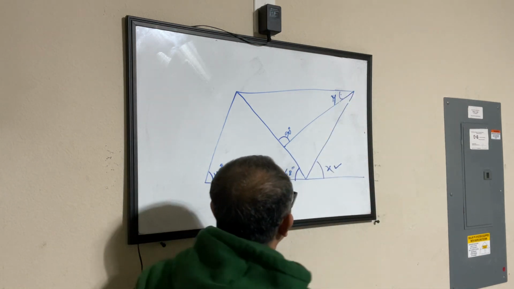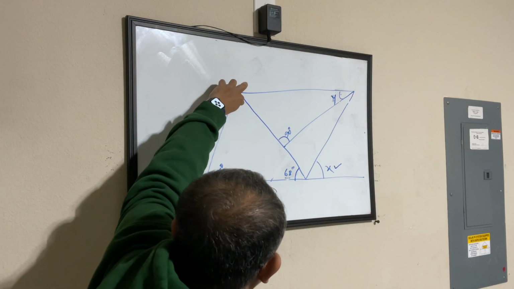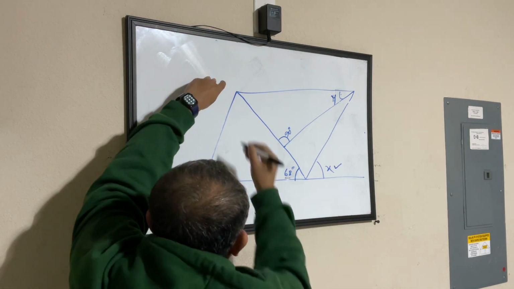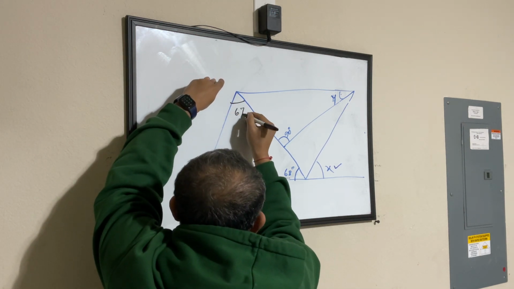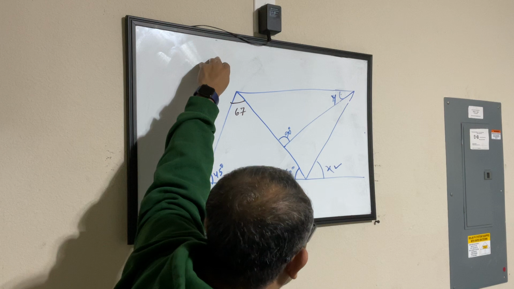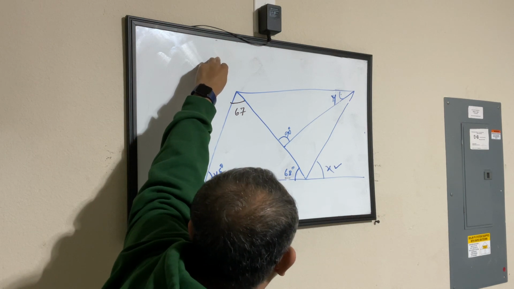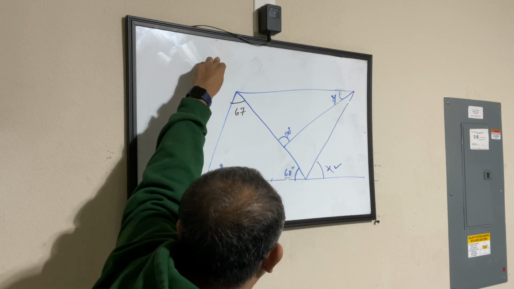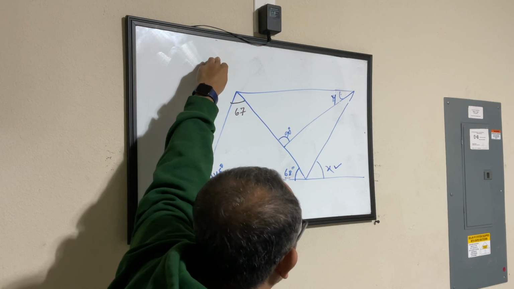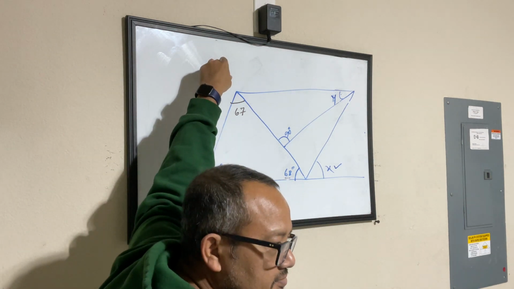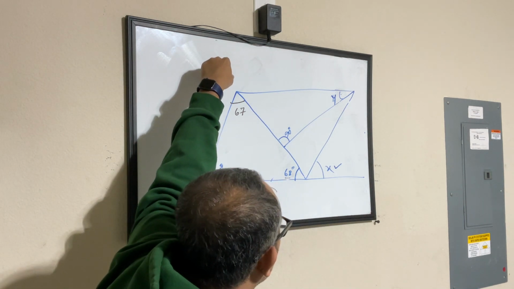Yes, that one you got 60. So let's say 67. Then 25. And then I did the 60 and this angle next to that. I did the interior.